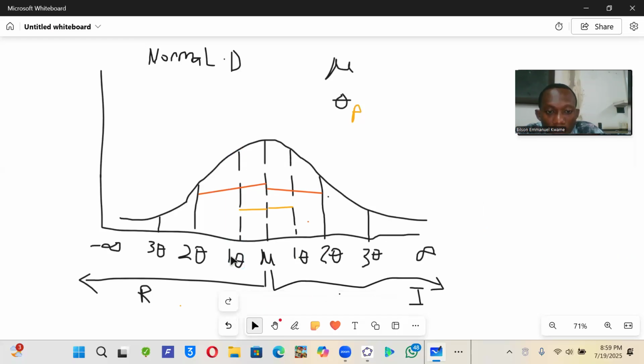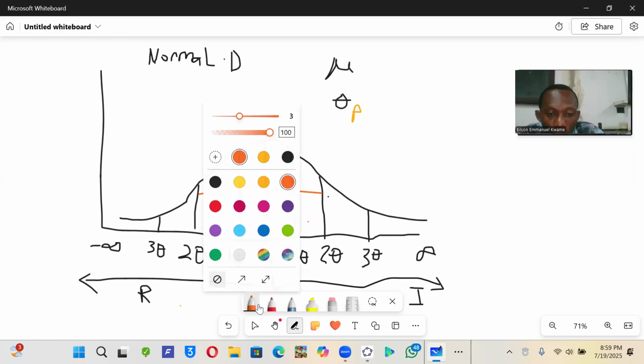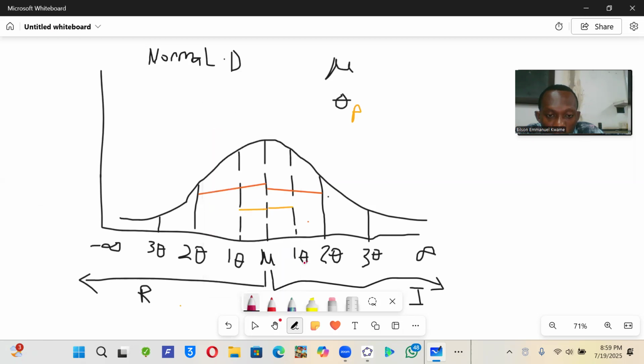Let's say we want to know the probability if we are moving from the first deviation to the other deviation. We want to know the probability, right? And the probability is around 68%. The probability is around 68%.